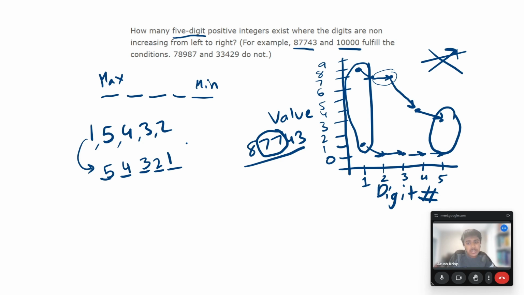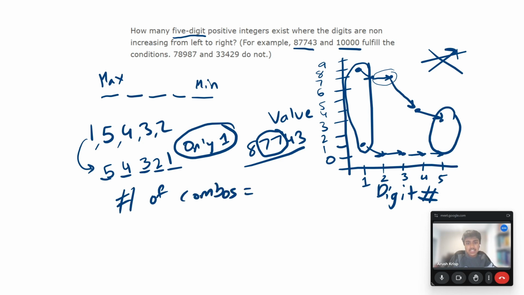We can only create one. This means that because for every combination there's one non-increasing positive integer, the number of combinations of digits is equal to the number of non-increasing integers.